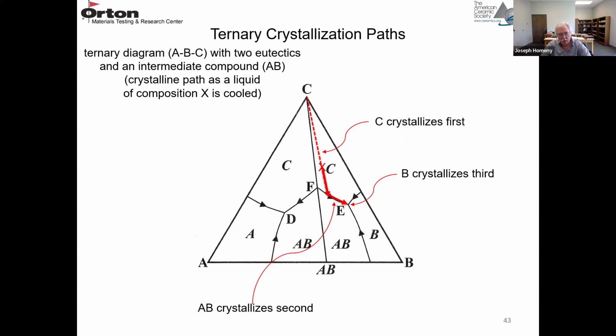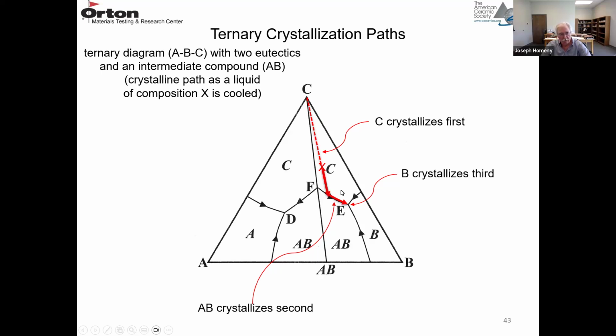It's in the phase field C, so C crystallizes out first from C through X, and it intersects this boundary line. It follows this path from X till it hits this boundary line FE. And then it follows the boundary line in the direction of lowest temperature. The arrows are pointing this way to this eutectic. So it crystallizes along this boundary line.